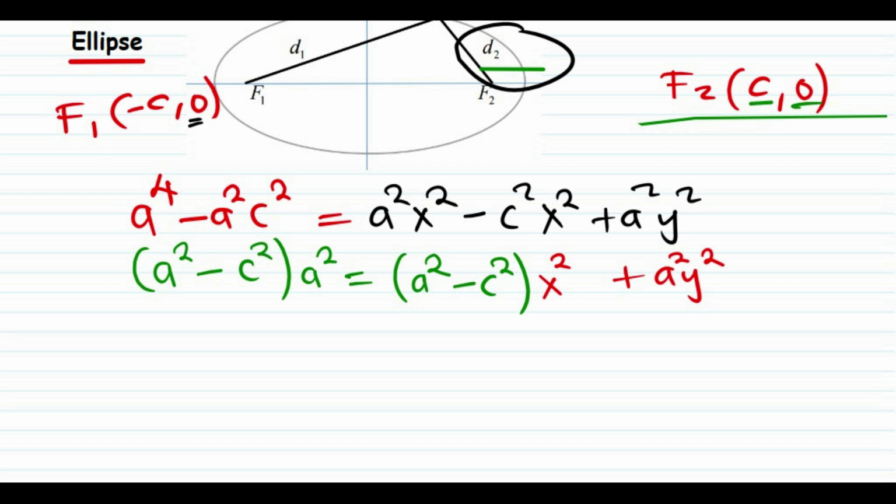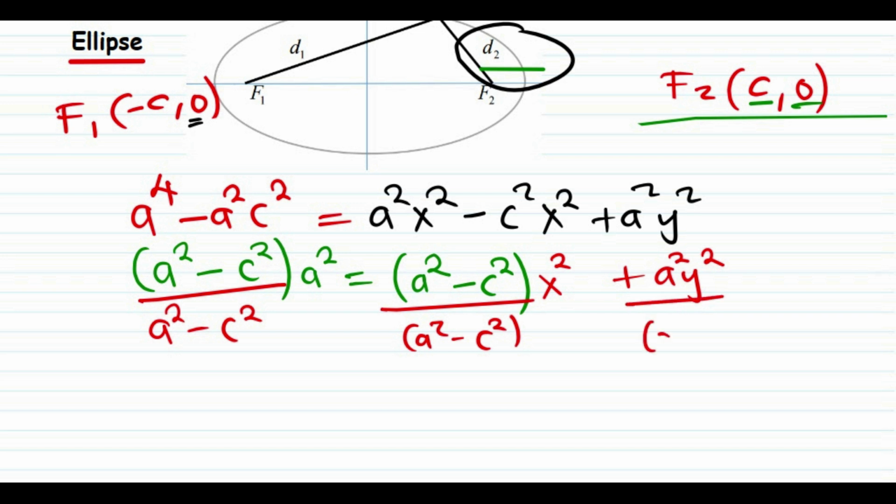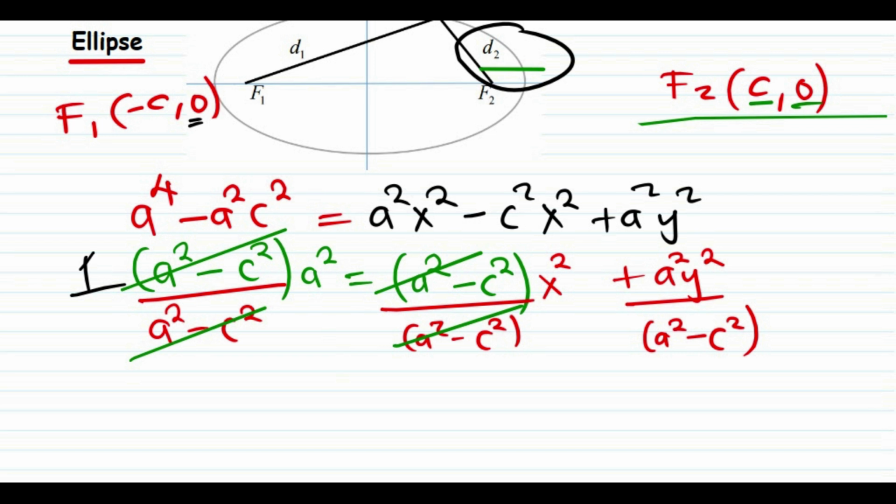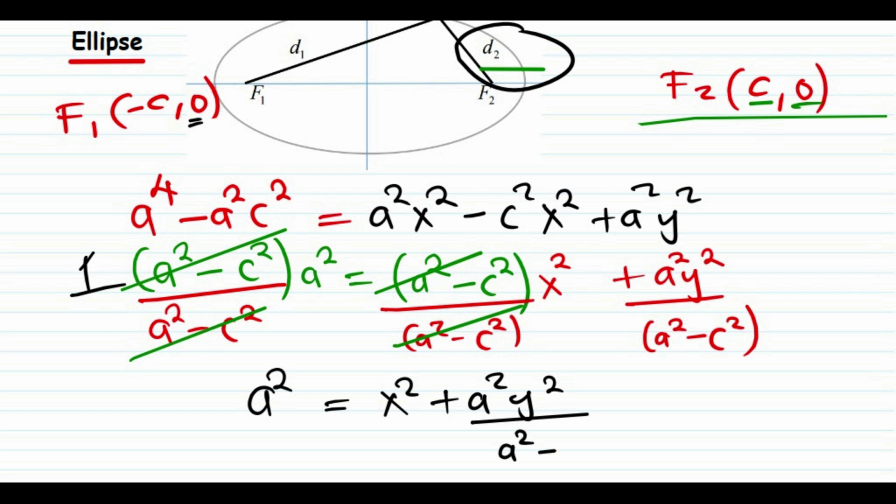We can divide by what we are seeing to be common, which is the a squared minus c squared, right? We can start by dividing by that. So we divide by a squared minus c squared on each side. For the first part and the second part, it's going to disappear, and we're already having a 1 there. If we divide again by a squared on the next step, a squared is equal to x squared plus a squared y squared over a squared minus c squared.